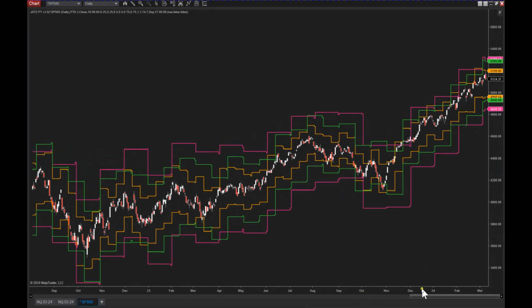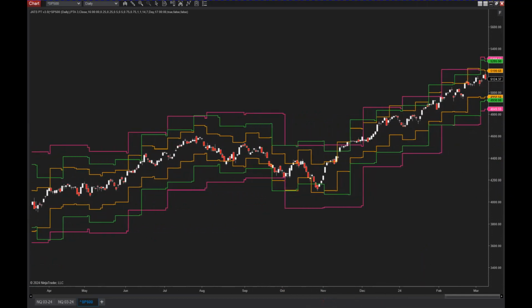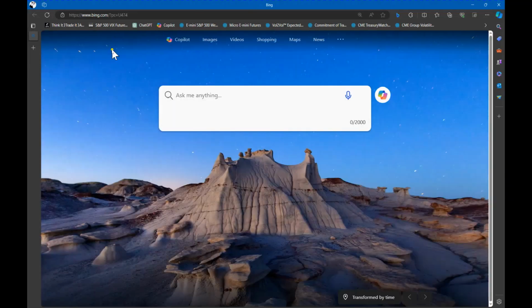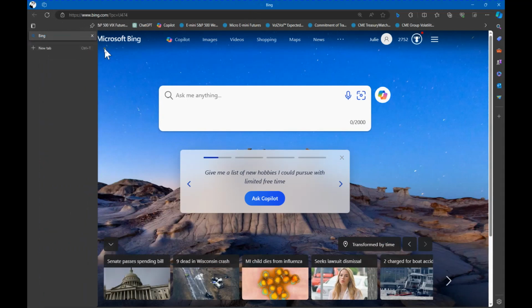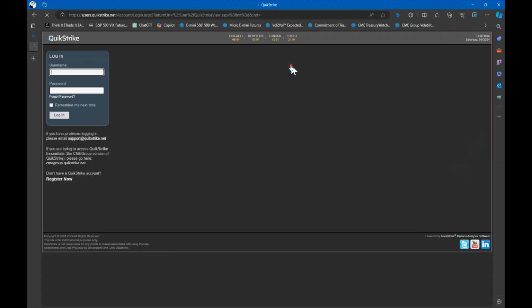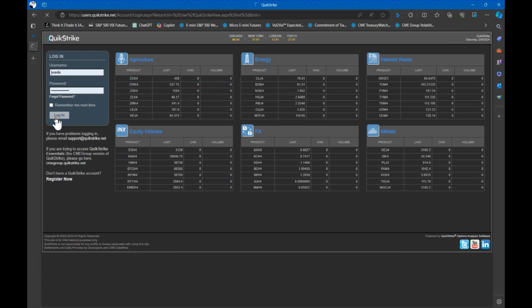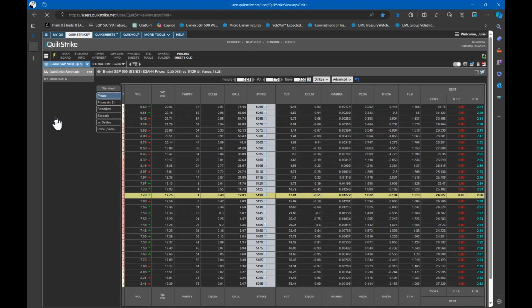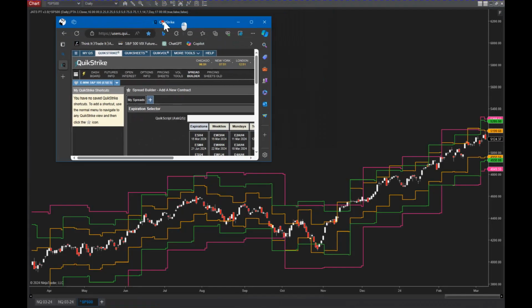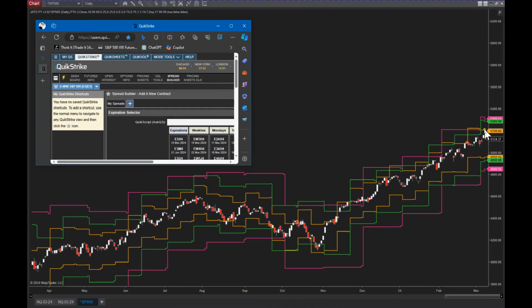So right now, if we were to go into our quick strike and open it up, I want to go to the end of the month or next week.